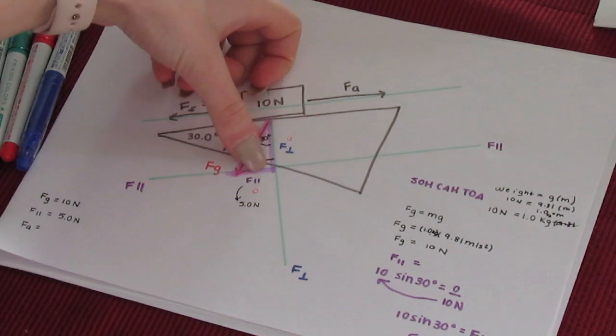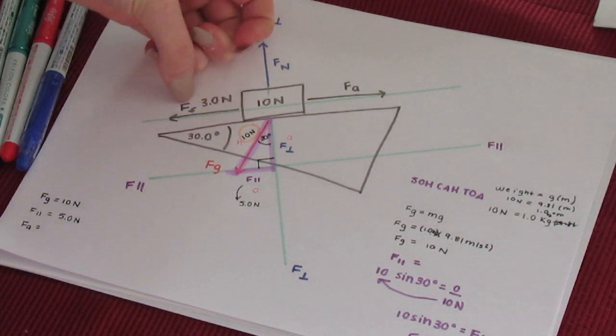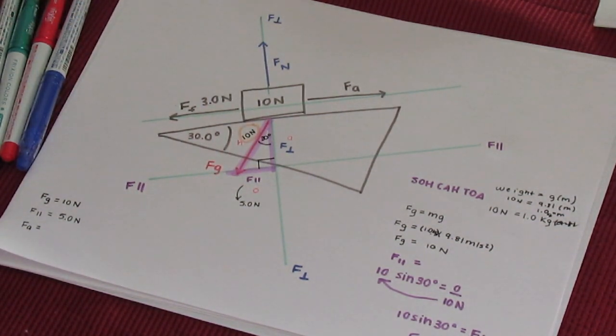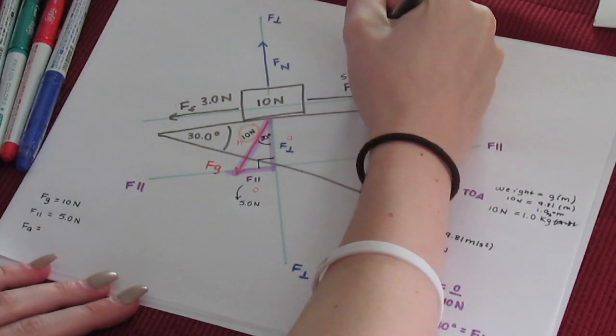So now that F parallel equals 5.0 newtons, you will have to add up the force of friction and F parallel, because to pull the block up the ramp at a constant speed, the force must be equal to the parallel component of the object's weight and the force of friction. So you'll have 5.0 newtons over here.